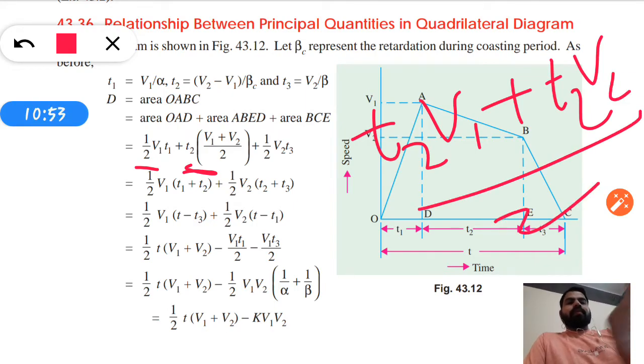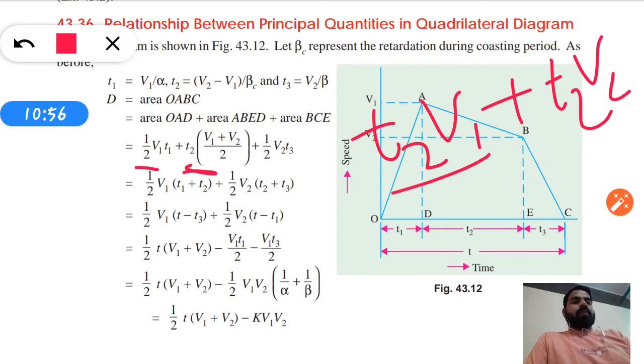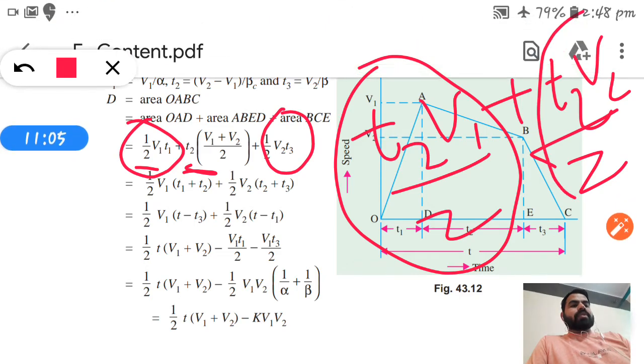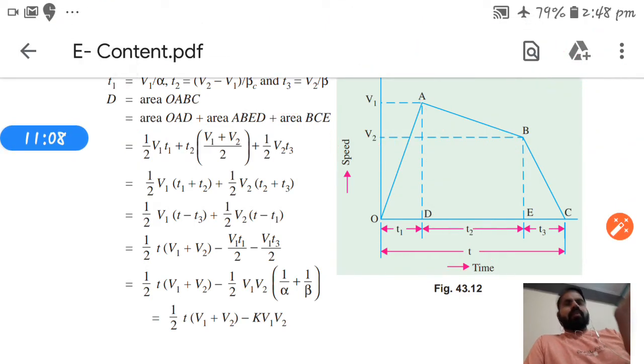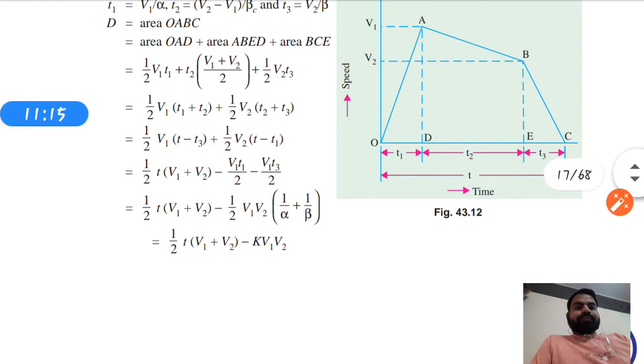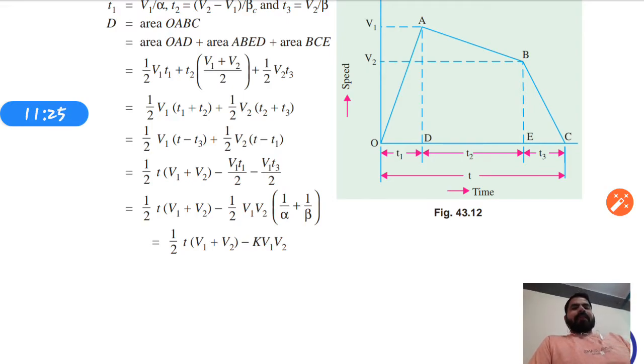Here we have taken the common factors. So it will be 1 upon 2 V1 (T1 plus T2) plus 1 upon 2 V2 (T2 plus T3).